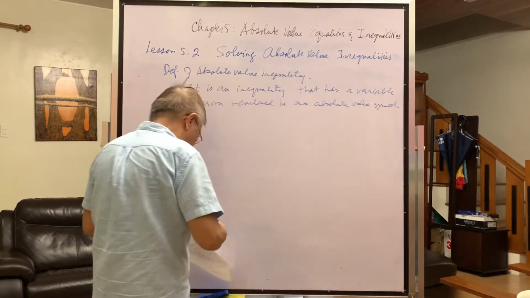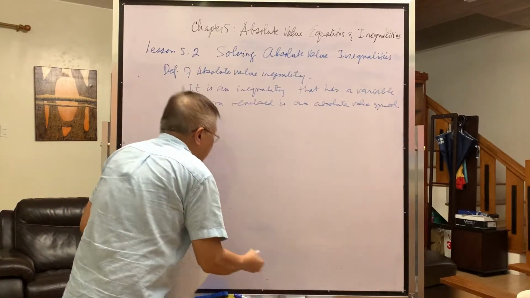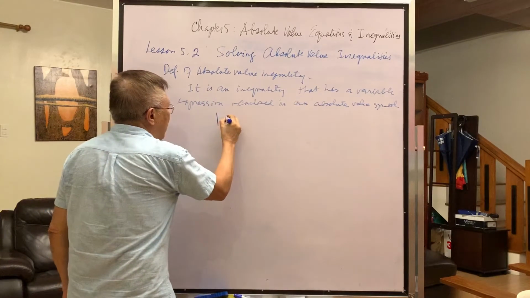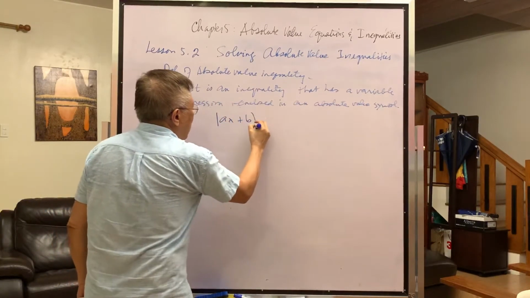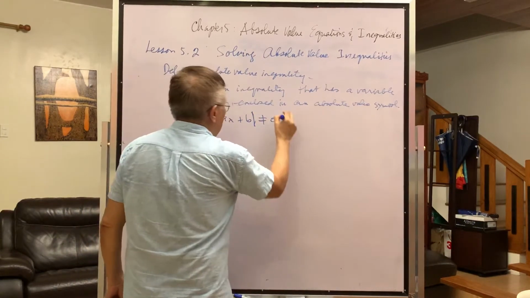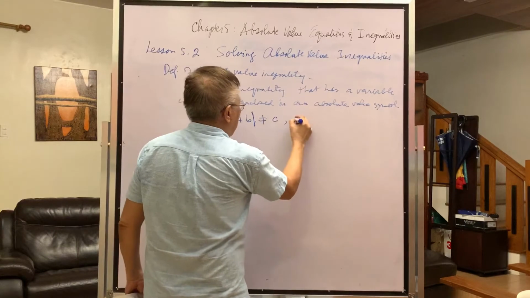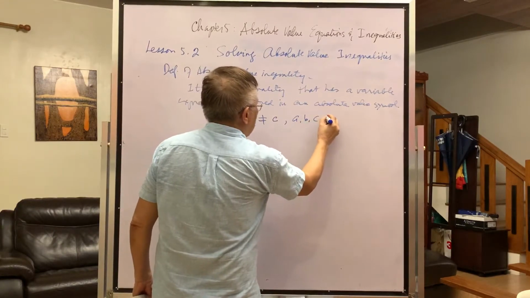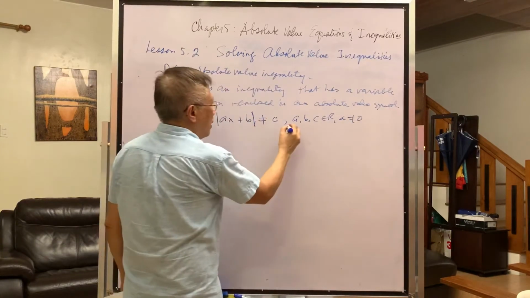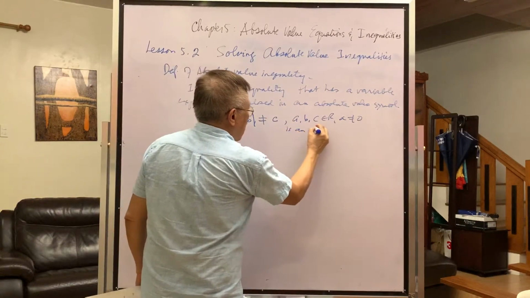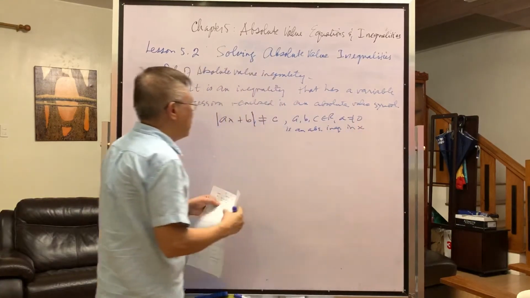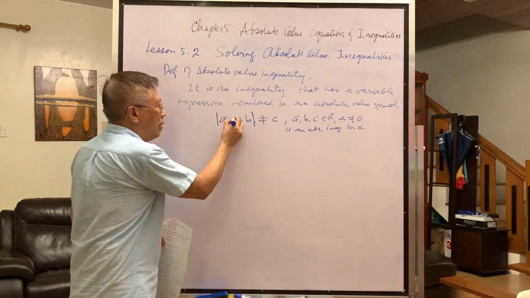Like how we defined our absolute value equation, we can have here |ax + b| not equal to c, where a, b, c are elements of the reals and a is not equal to 0, is an absolute value inequality in x. So we have a variable x inside.